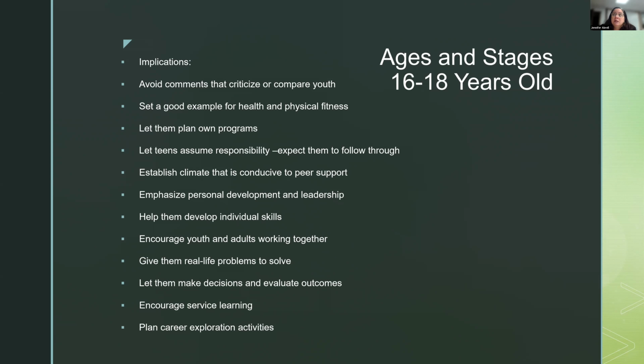And again, just like the last one, youth and adults working together. For instance, the junior superintendent program that we've had in the past with the barn superintendents. Last year, I really worked with those adult barn superintendents on the fact that you've got to communicate with your youth superintendent.